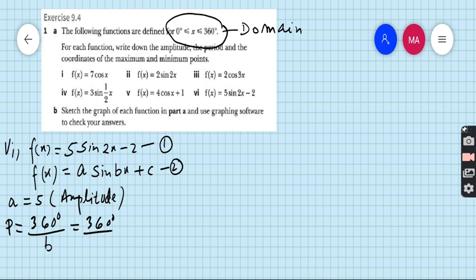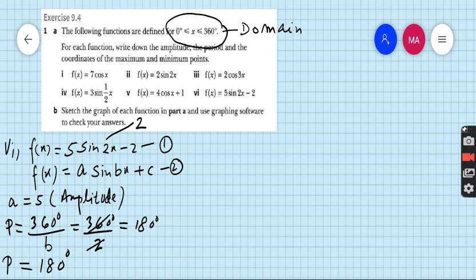In equation number 1, the coefficient of x is this one, that is 2. So put 2 over here. 360 degree upon 2 is 180 degree. So our period of trigonometric function is 180 degree. Amplitude is 5 and period is 180 degree.